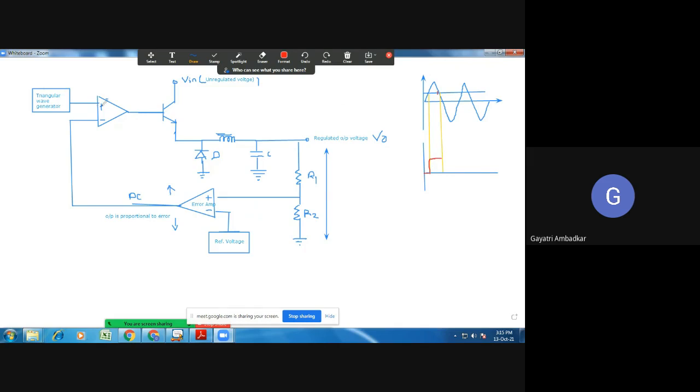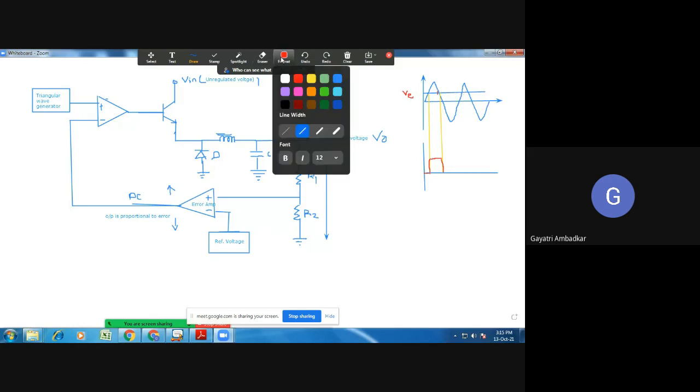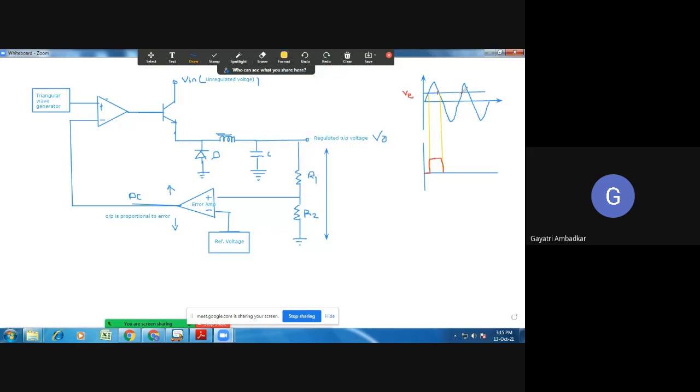Because the triangular wave is connected to positive. Now here again, your triangular wave is going to fall below this reference voltage, which I will call the error voltage. So this will fall. Now up to this point, you see this whole negative peak and this much portion are less than the DC voltage.